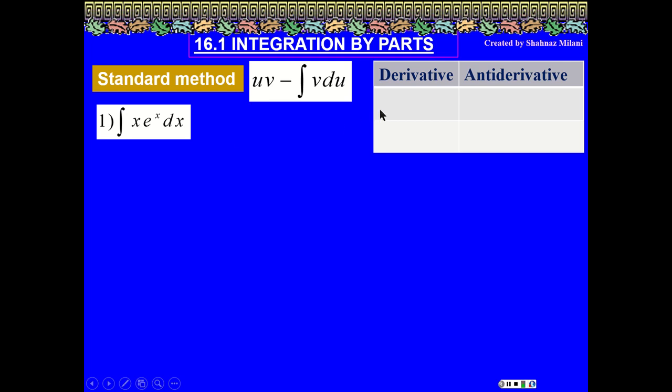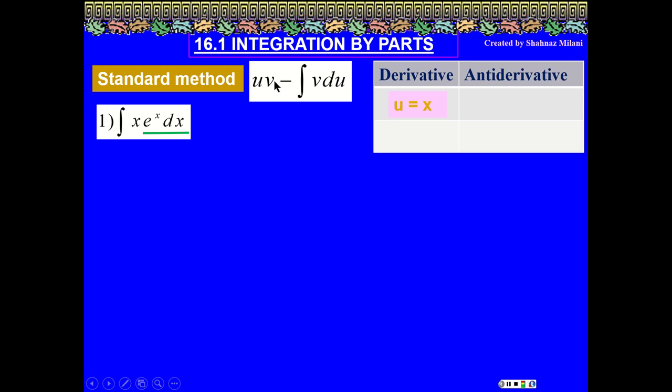Now, I'm going to say u is going to be my x. But remember, I am not substituting. I am using u as x. Now, for the second part, it doesn't matter if you write down dx with it or not. That's the reason I underlined my second part. My second part is going to be my antiderivative part.